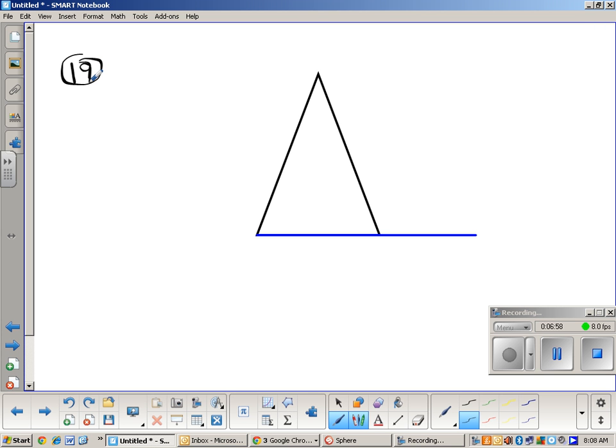What'd they tell me this angle right here was? 24. What'd they say this out here was? 2x. And did they tell me these sides are equal? No. The two base angles. So they said that these two angles are equal.